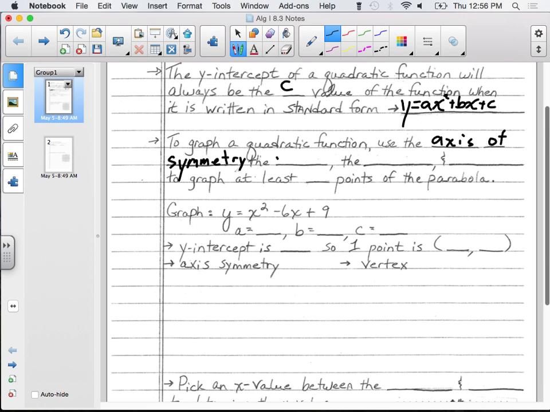We can also use the vertex. All right, then the last two, we can use our y-intercept, and we can also use symmetry.